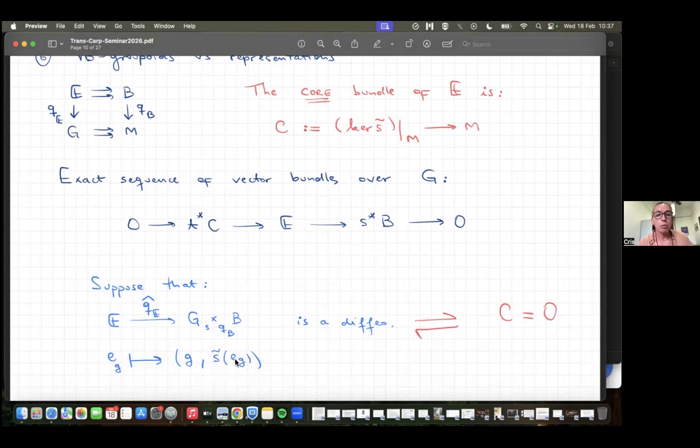And this map is precisely the arrow from E to the pullback of B by the source in the exact sequence. So this guy will be a diffeomorphism if and only if the core of E is 0. And in particular, this tells you that since the hat map of the projection is a diffeomorphism, then G acts on B, and E has to be isomorphic to the transformation groupoid of the action.